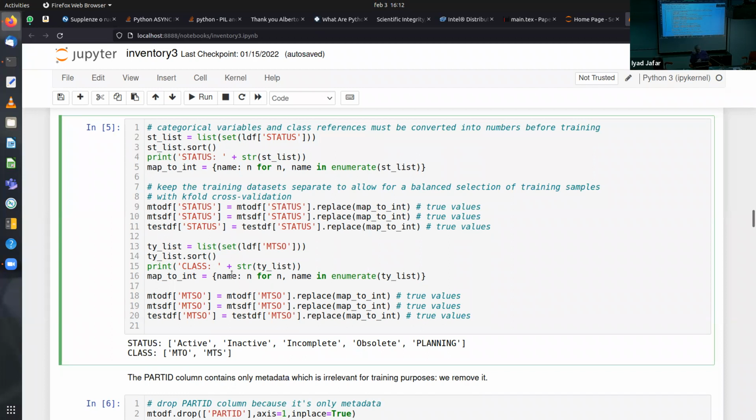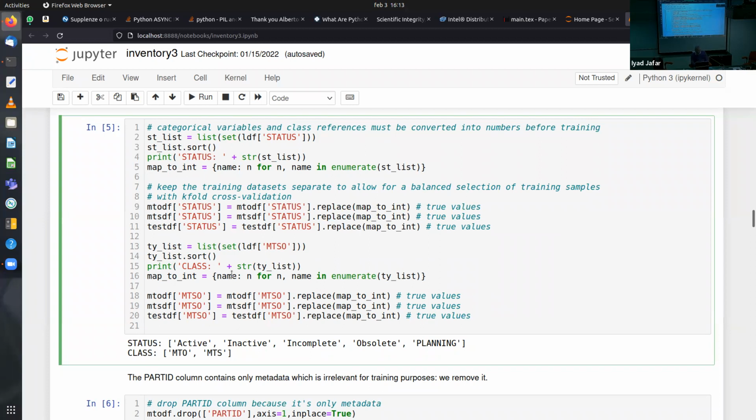In this case, I did also a test in which I didn't do this one-hot mapping, but I simply replaced the categorical features with the numerical classes, numerical items, in order to feed my algorithm. But there was more or less no difference. So let's do what is theoretically correct.